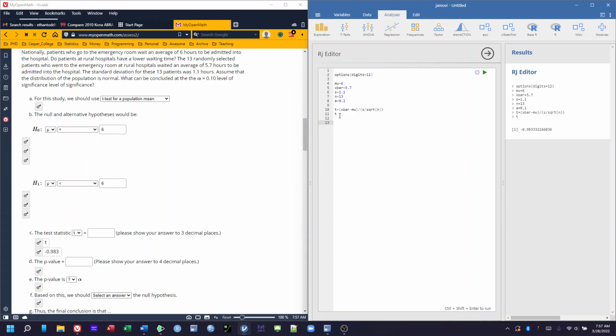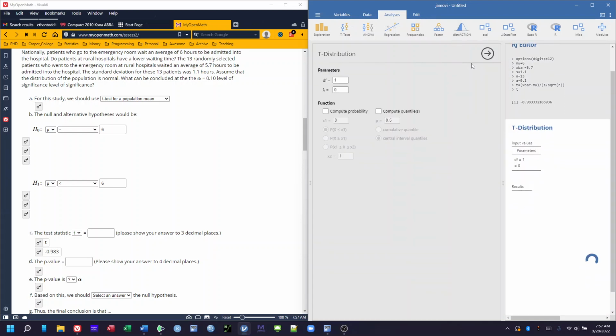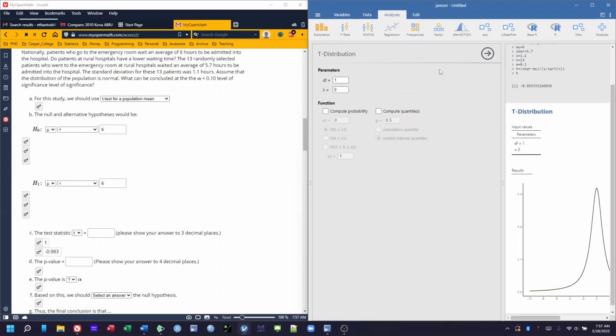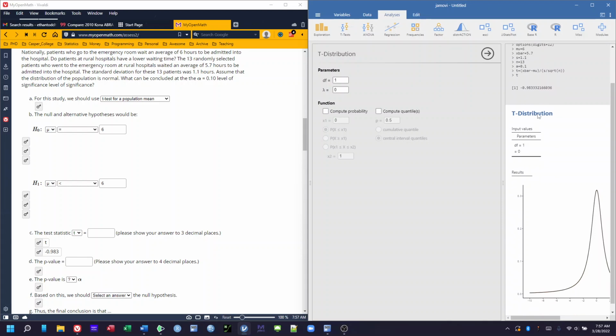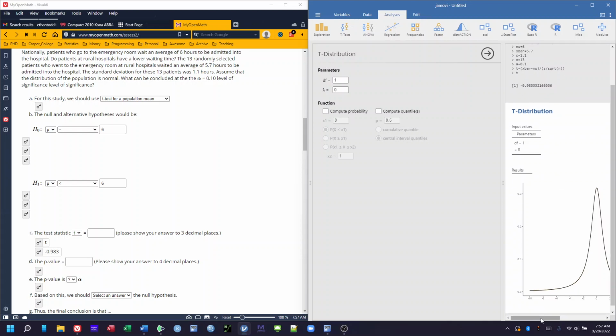We've done that before. So what we can do is come up to distraction and go to our t distribution. In the t distribution, we can use this t value that we got, and it will give us the probability of something this rare or rarer occurring.